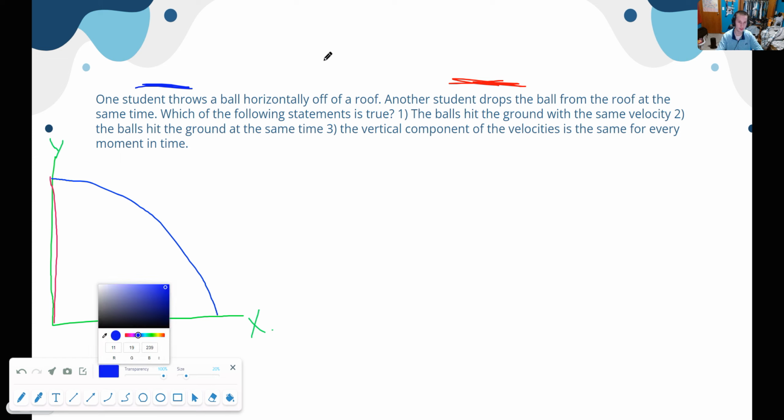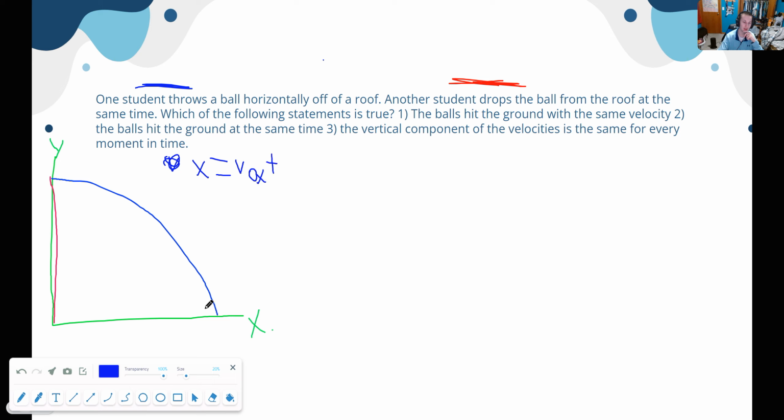So, let's see, what do we want to explore first here? So 2, the balls hit the ground at the same time. Is this true or false? Well, we know that the expression for x here is v naught x t, right?